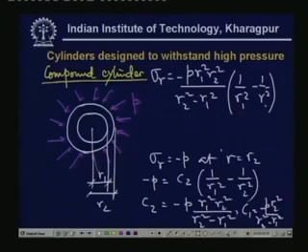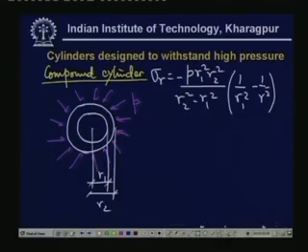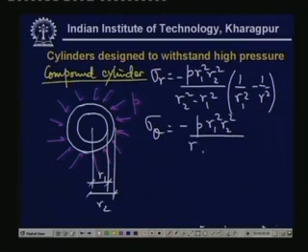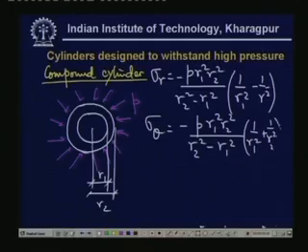Similarly, sigma theta will be equal to C1 plus C2 by R square, and that will be equal to minus P R1 square R2 square divided by R2 square minus R1 square times 1 upon R1 square plus 1 upon R square.